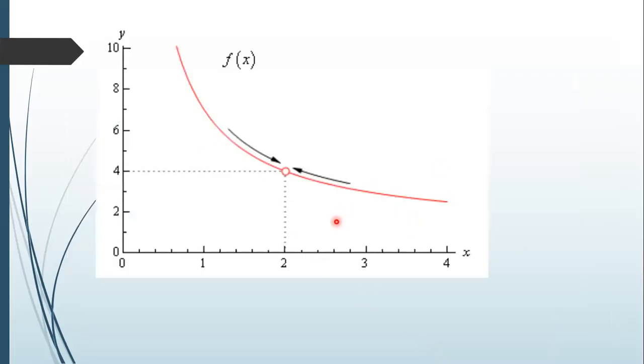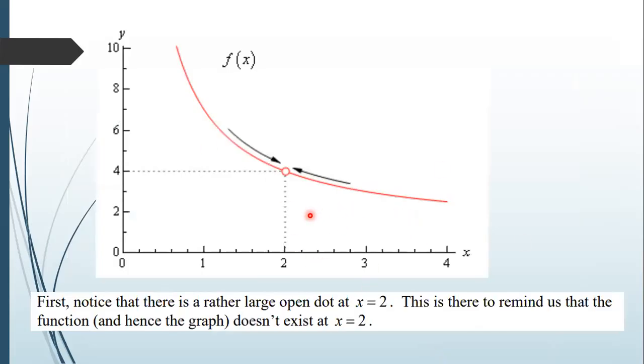And here is how the graph looks. First, notice that there is a rather large open dot at x equal to 2. This is there to remind us that the function, and hence the graph, does not exist at x equal to 2.